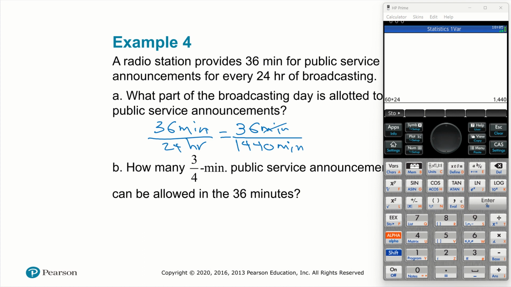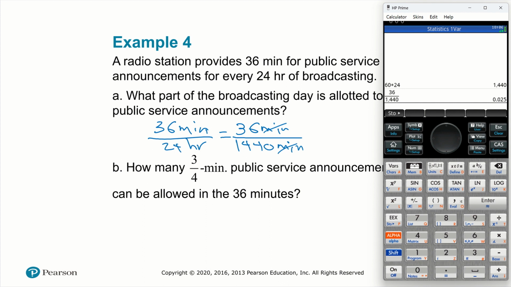Now do notice that the units cancel out, so we're going to get a pure ratio. Now we can reduce these either by finding the prime factorization of each, or just to do it a little bit more quickly, so to keep our video short, we'll go ahead and try using a calculator. So we'll divide 36 by 1440.